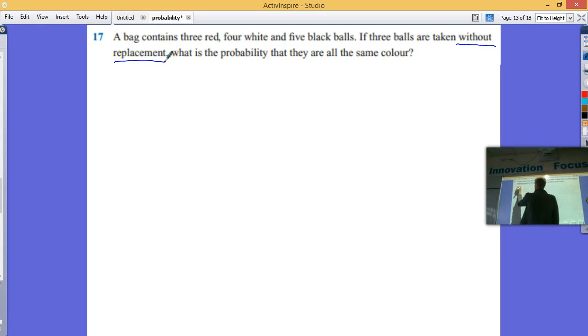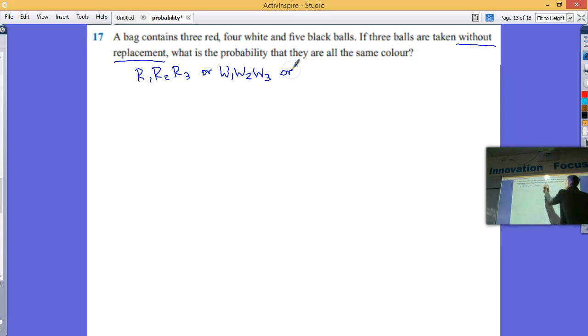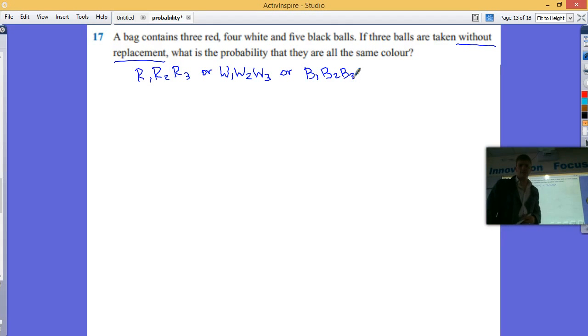Okay, so all the same colour would be something like a red first drawn, red second drawn, red third drawn, or white first, white second, white third, or black first, black second, black third. There are no other possibilities there. So we're interested in determining probabilities of each.